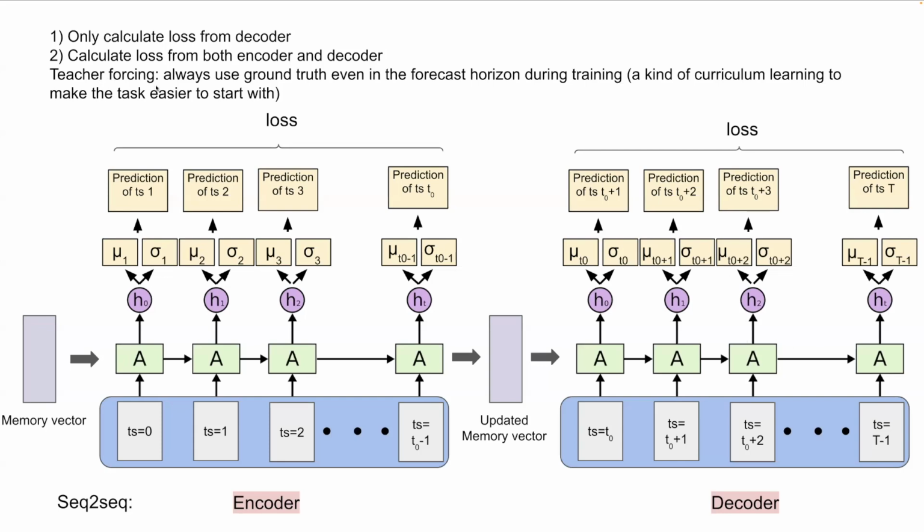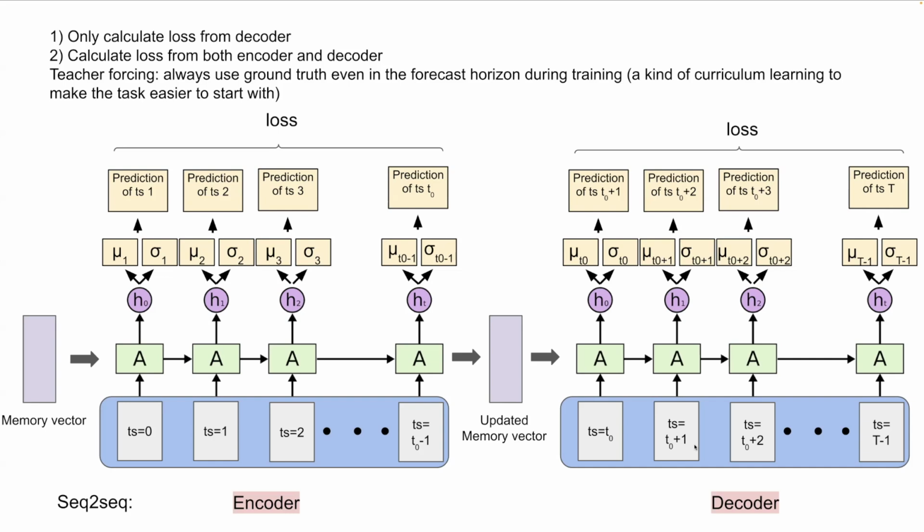So what teacher forcing is doing here is that during training, if we use our own predictions to make more predictions, it will maybe lead to very slow convergence, because by the time we get to step T naught plus two, maybe we already have a very big error for T naught plus one.